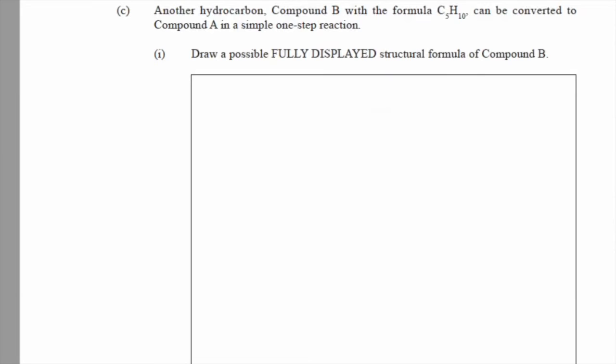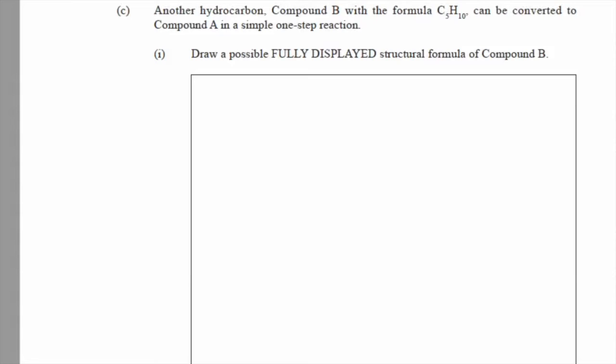Part C. Another hydrocarbon, compound B, with the formula C5H10 can be converted to compound A in a simple one-step reaction. Part 1. Draw a possible fully displayed structural formula of compound B. C5H10.